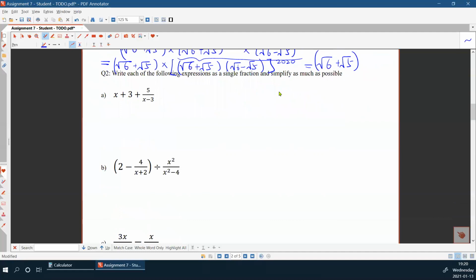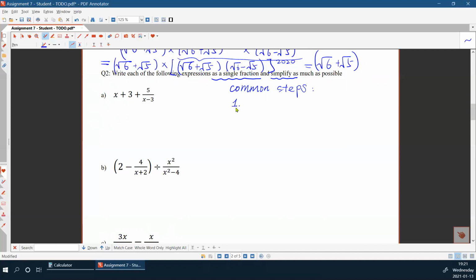Okay. The second part is about rewriting the expressions as a single fraction and simplifying. First of all, let's recall what the common steps are.